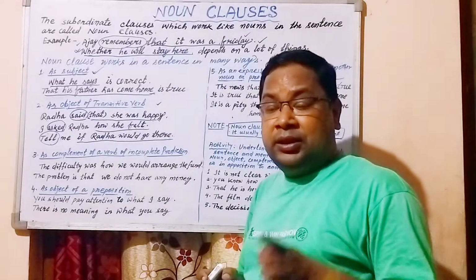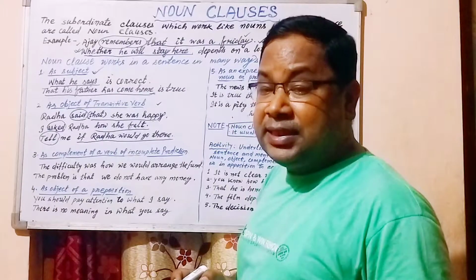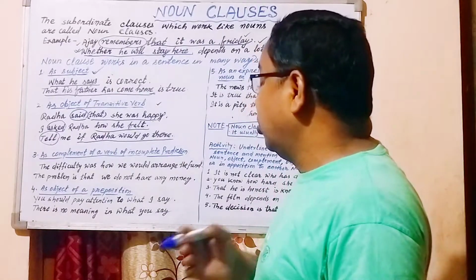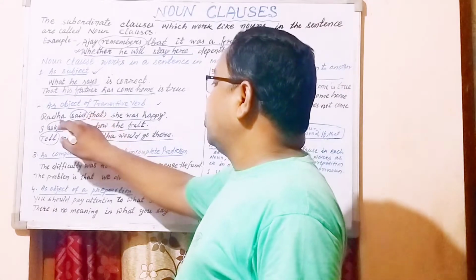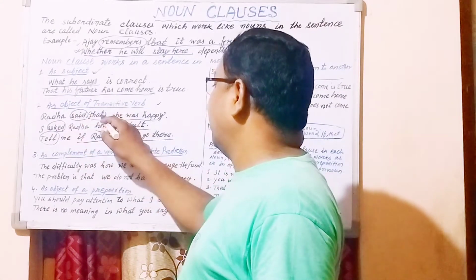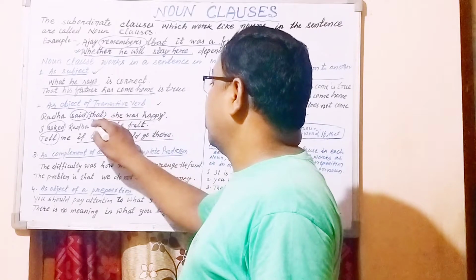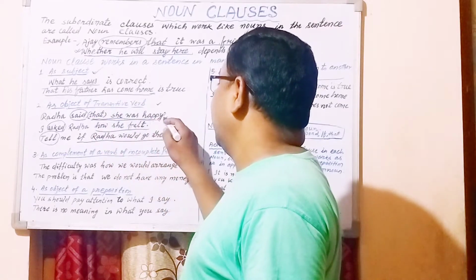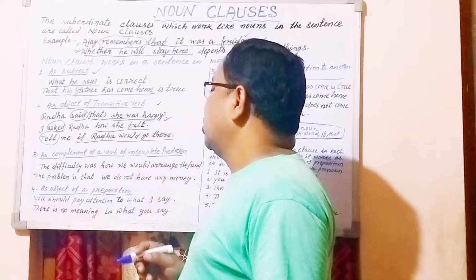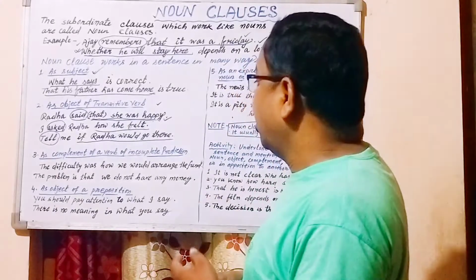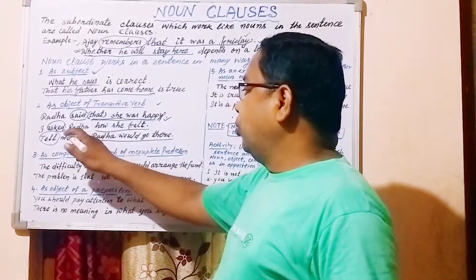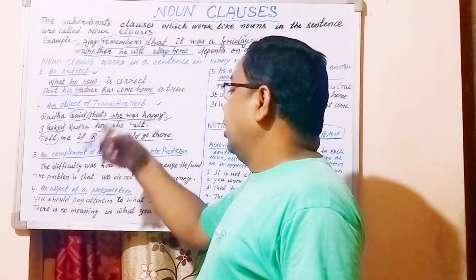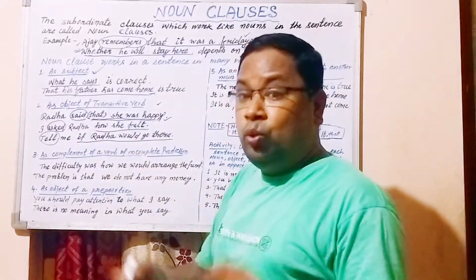As you know, a transitive verb always takes an object, or is always followed by an object. So here you see Radha said is followed by that she was happy. So here that she was happy, this part is the noun clause, and it works as object. Likewise, here asked is followed by two objects.